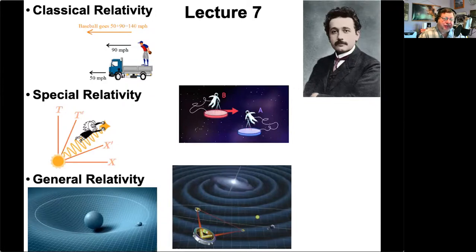Special relativity and general relativity are two of the greatest theories ever invented by mankind. They're both invented by the same person, Albert Einstein, the second greatest human that our species has produced. You will be responsible for the difference between these two, and we'll go over this in some detail.